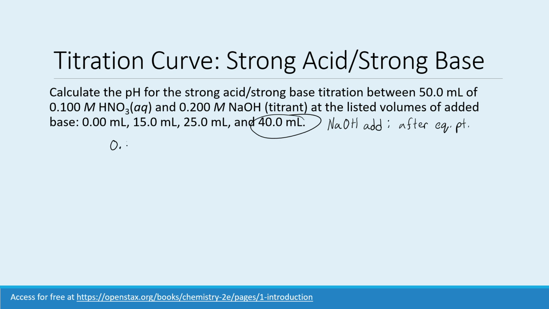Remember, we have to figure out how much we have in moles of everything. To find the moles of sodium hydroxide, we'll take that 40 milliliters, convert it into liters, and multiply by the concentration of that base, and get 0.00800 moles of sodium hydroxide.